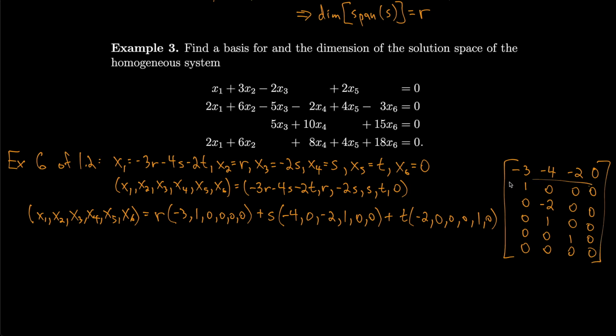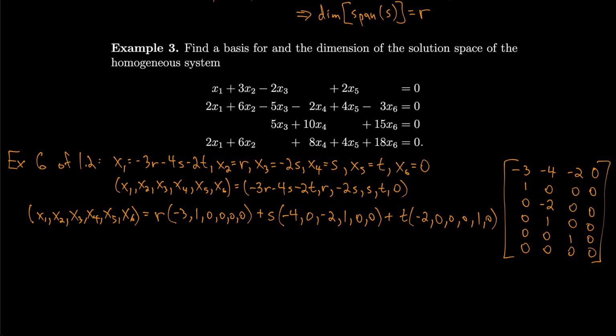This row right over here tells us that, for example, r has to be 0, and this one says s has to be 0, and this one says t has to be 0 in order to be 0, 0, 0. Because remember, you could take multiples of these guys and get zeros on the top. So the solution over here is only when r, s, and t are 0. In other words, these column vectors are linearly independent.